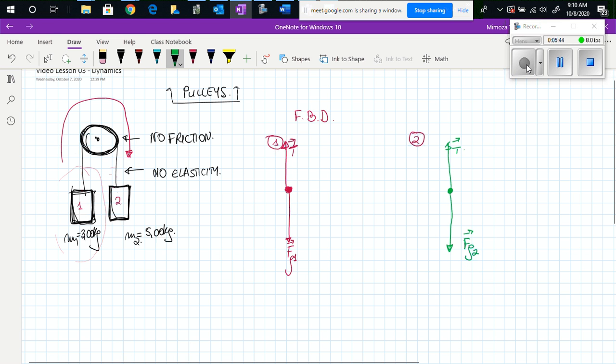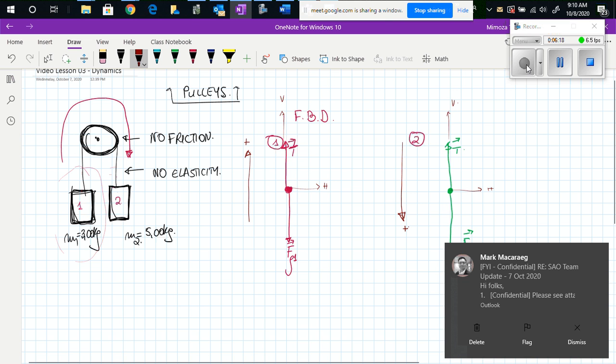Okay? Now, object 1 is moving up based on the assumption that the pulley is moving counterclockwise. So object 1 is moving up and object 2 is going down. Okay, so now we draw the X and Y axes, normal horizontal and vertical axes, as we have seen in math.